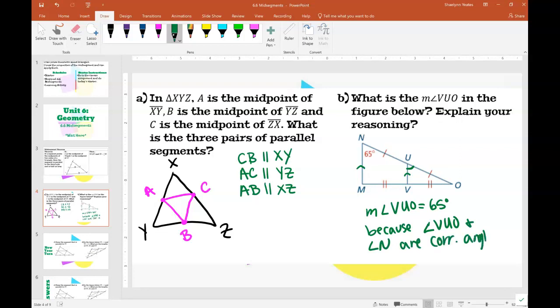Now you could have either used the fact that those are similar triangles, or you could use the fact that those are parallel lines to get to the fact that those corresponding angles are going to be congruent.